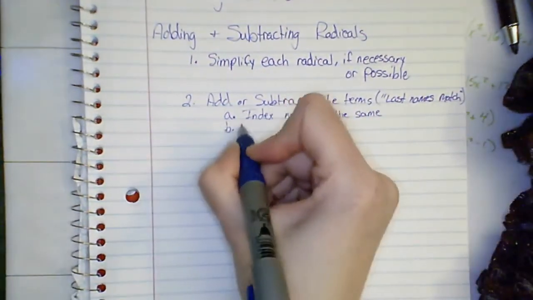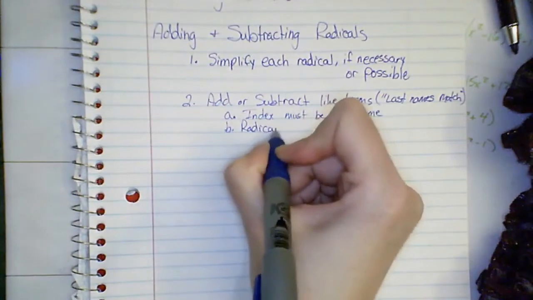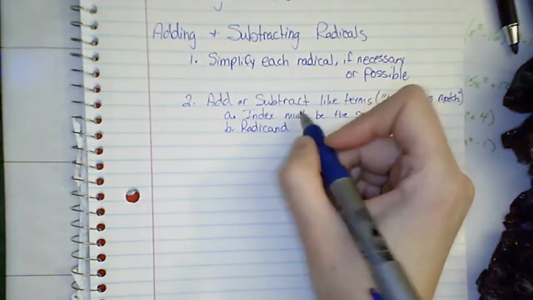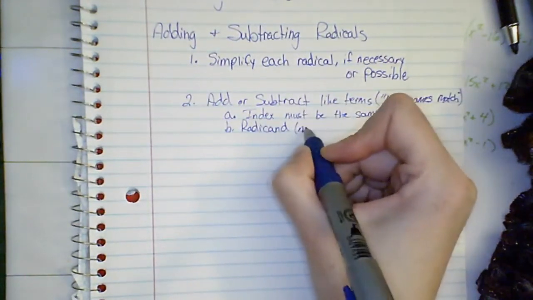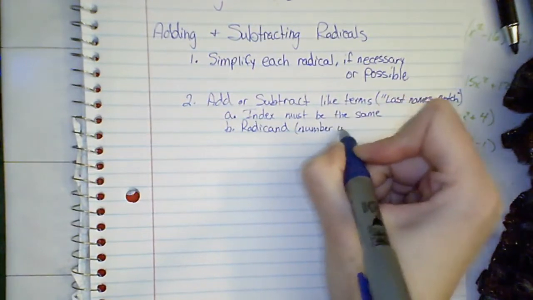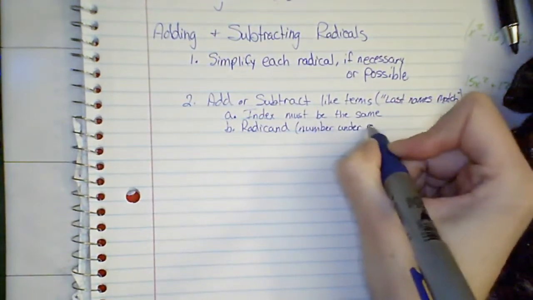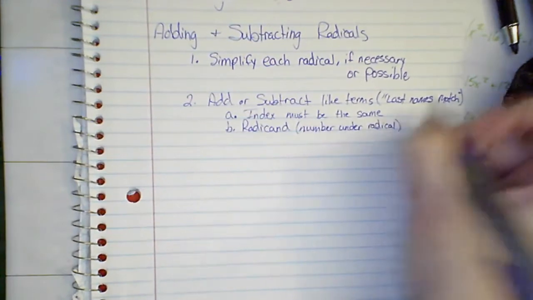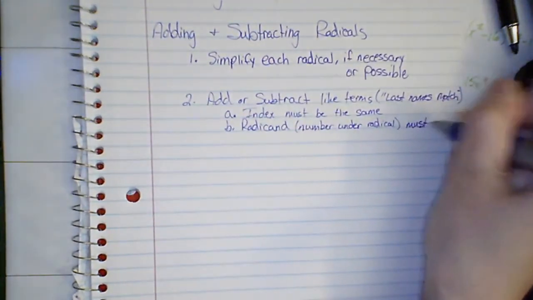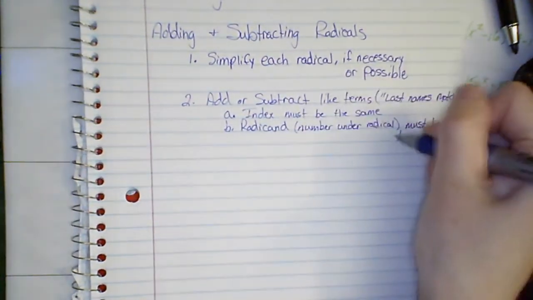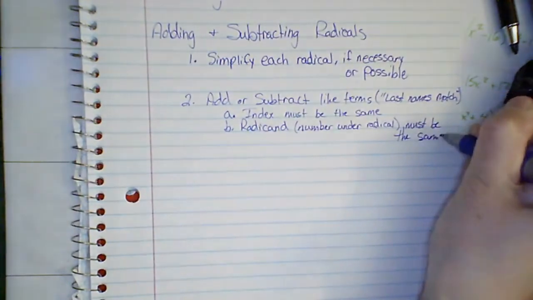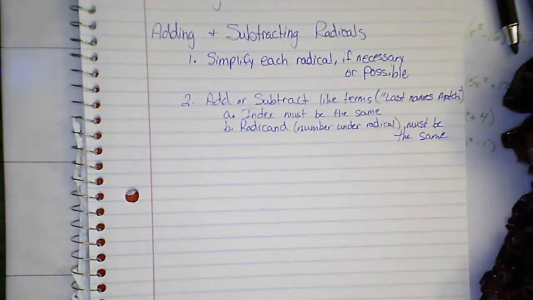And the radicand, or the number under the radical, must be the same. Because if the index and the radicand are not the same, then they are not like terms.